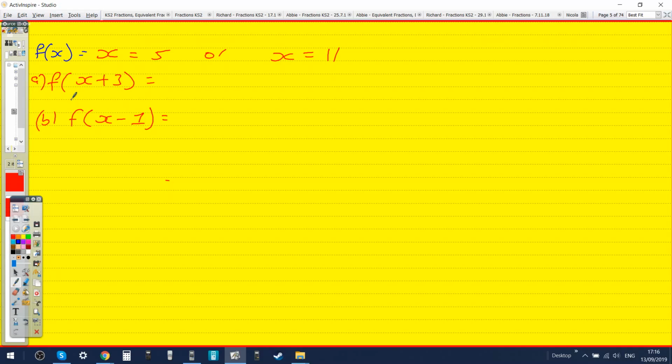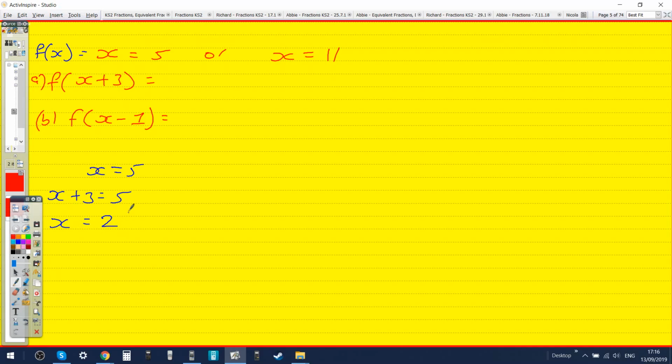So just by substitution, wherever you see an x, it becomes x plus 3. So instead of x equals 5, x plus 3 equals 5. So x equals 2.